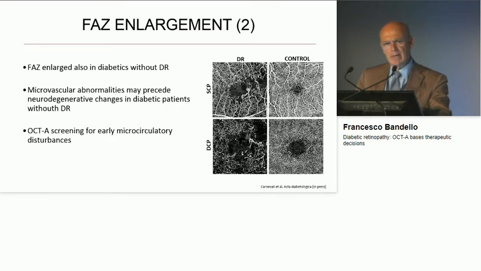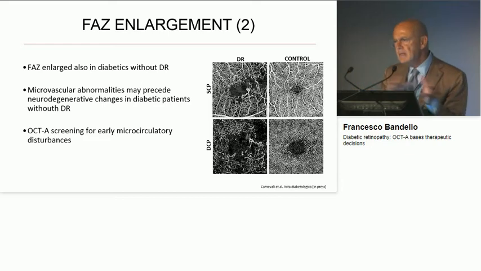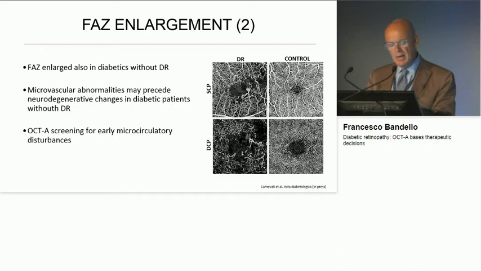You can find some kind of microvascular anomaly when you have no lesion on the structural OCT. So the main question during these last years was, is some kind of neural degeneration appearing before or after microvascular abnormalities in diabetic patients?